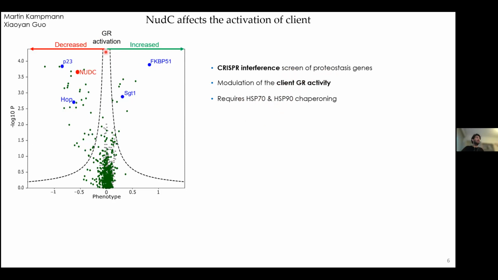On the x-axis, we have the differences in GR activation, and on the y-axis, we have the significance of these changes. We find some proteins that we expected, like P23 or Hsp, in blue, that are known co-chaperones of Hsp90, but we also find unexpected proteins that we did not expect to regulate this Hsp70 and Hsp90 system.